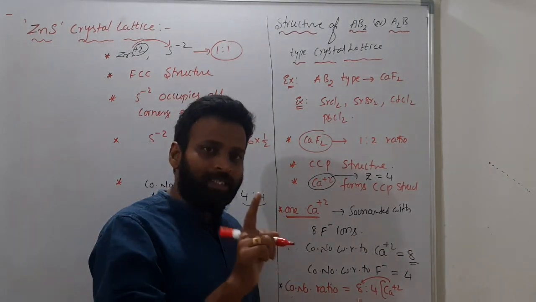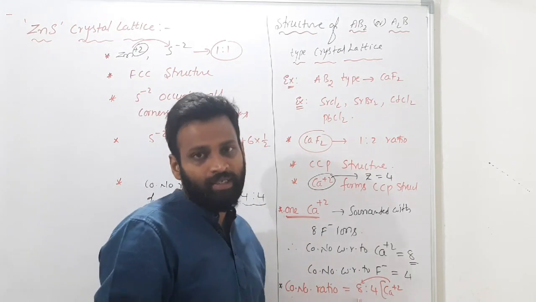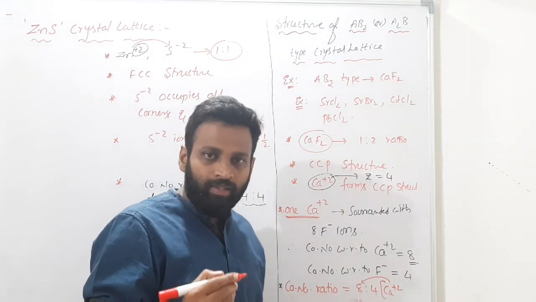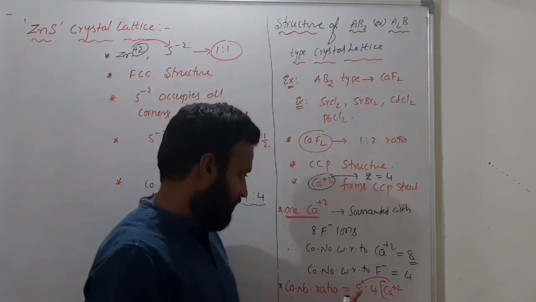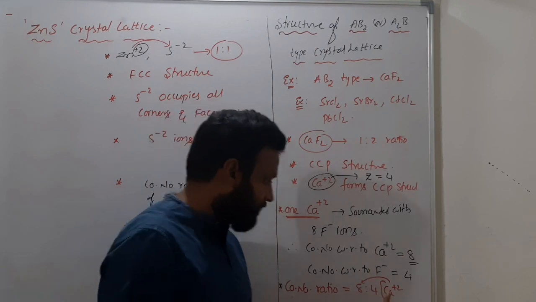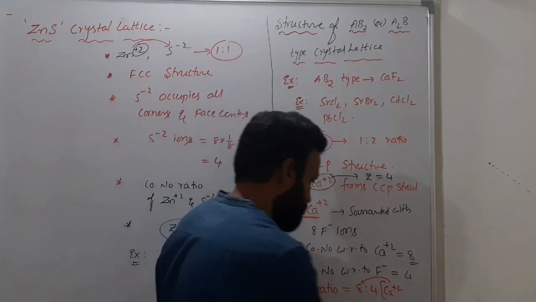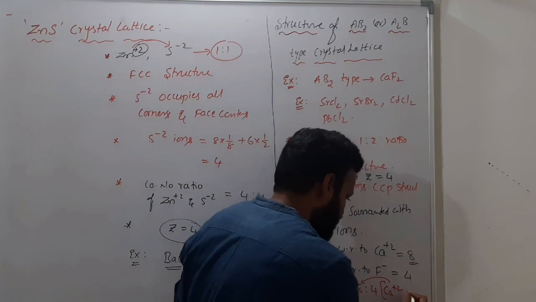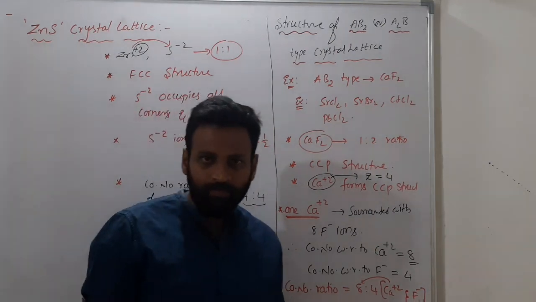Sorry, one calcium 2 plus has 2 F minus ions. Okay? So in that way, the coordination number ratio is 8:4. Means coordination number with respect to calcium is 8 and with respect to F minus is 4.